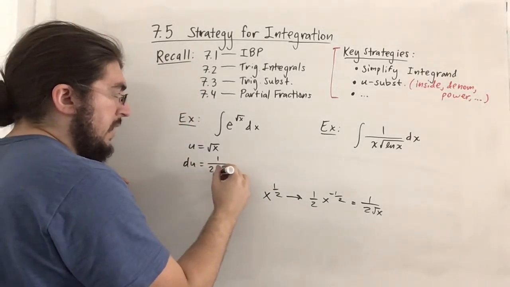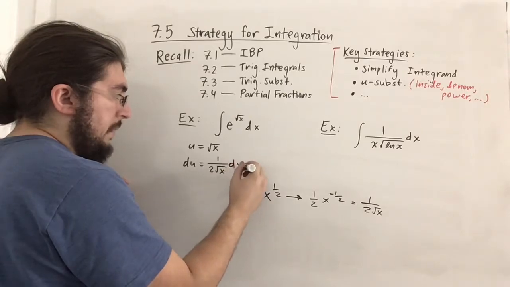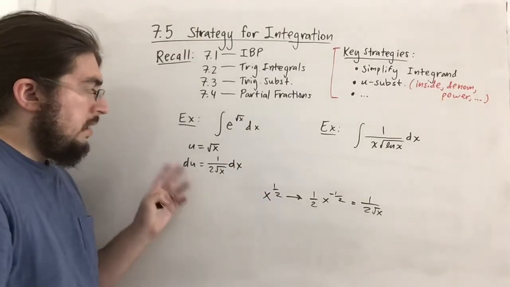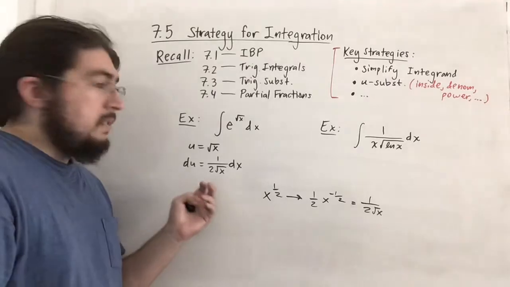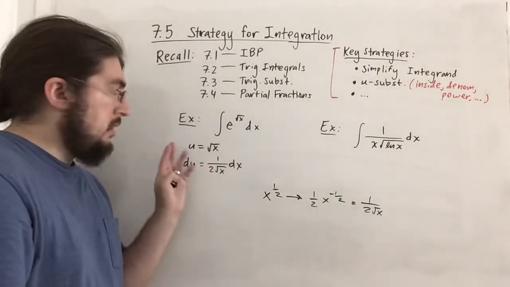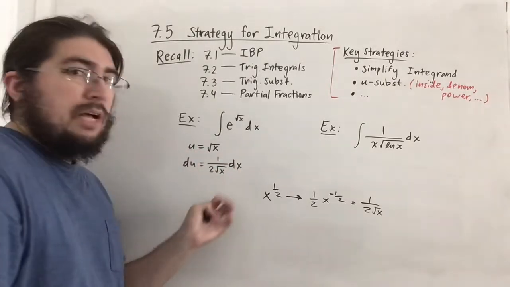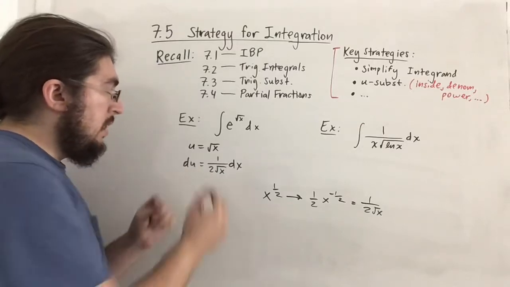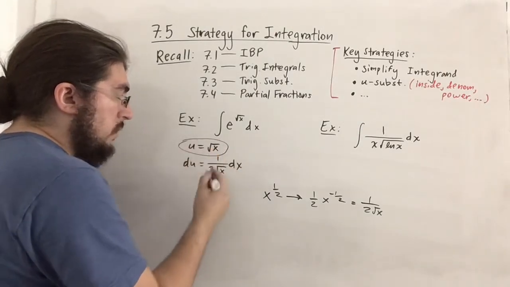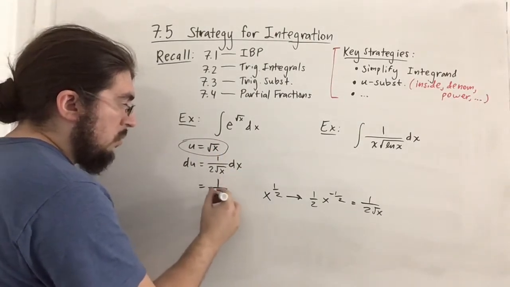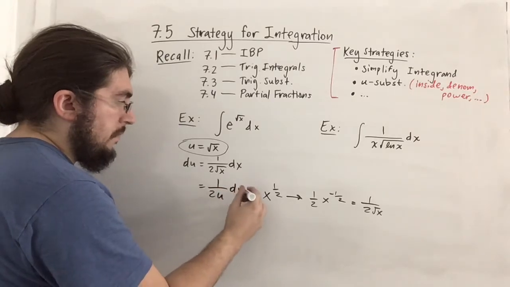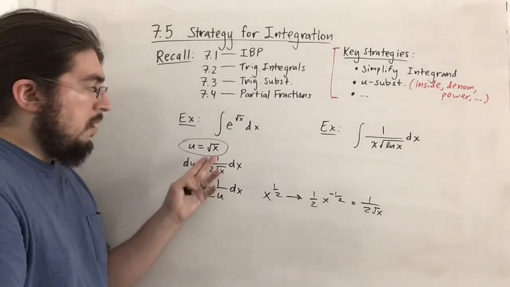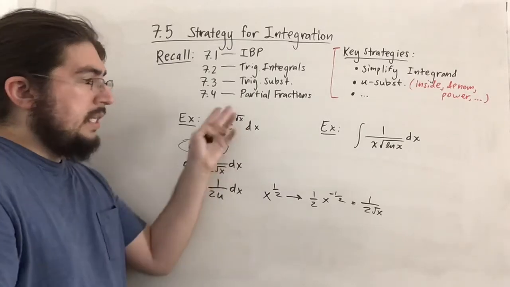Now something funny that happens sometimes, and here we see it a little bit, is that du is usually described in terms of x, because u is in terms of x, but it's self-referenced in this case, because since u is equal to radical x, we can actually write this as 1 over 2u dx. Now, of course, we don't have 1 over 2 radical x in this integral at all.